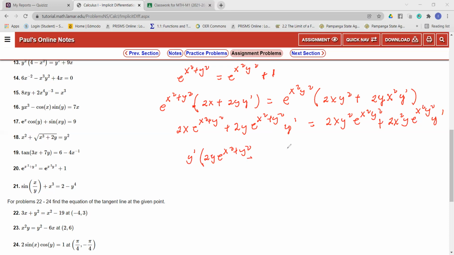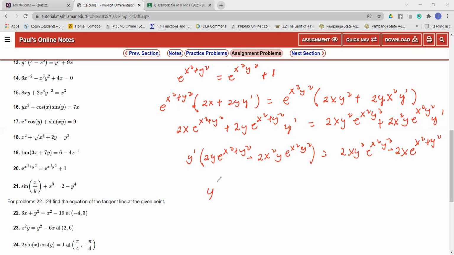Minus, lipat sa kabila, 2x squared y e to the x squared y squared naman. Ito plus, ito ang product, ha? So again, ito minus ito. Tapos sa kabila naman, 2xy squared e to the x squared y squared minus 2x e to the x squared plus y squared.